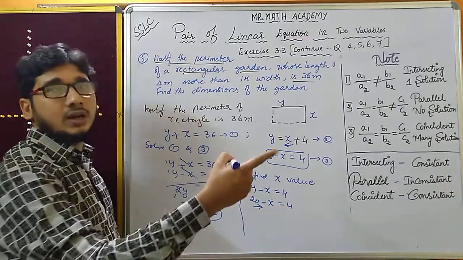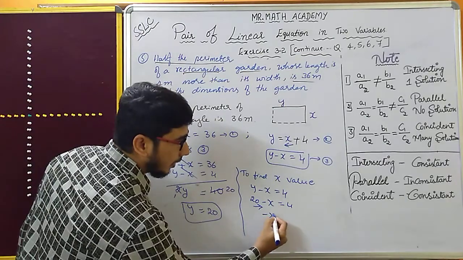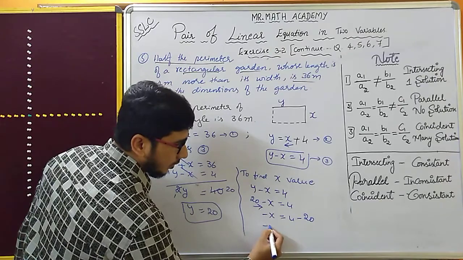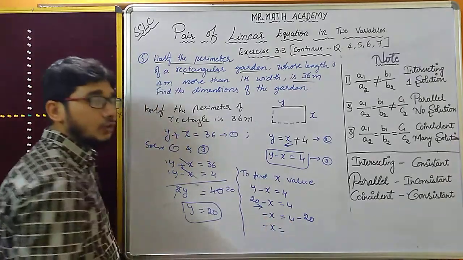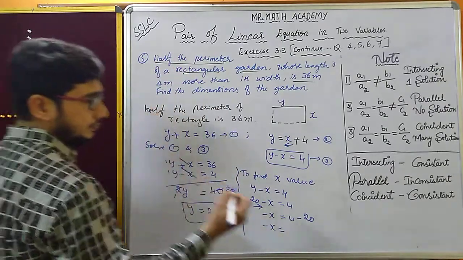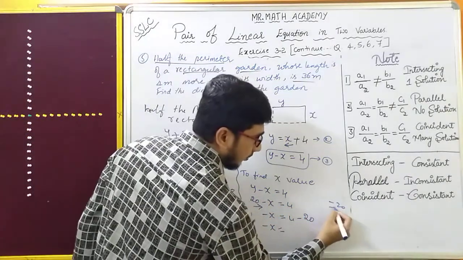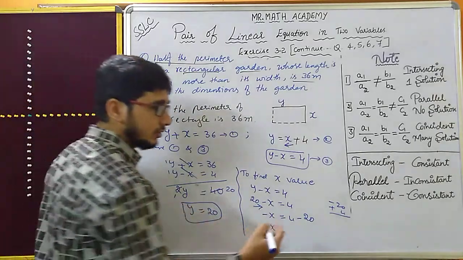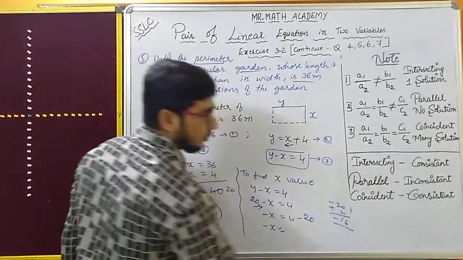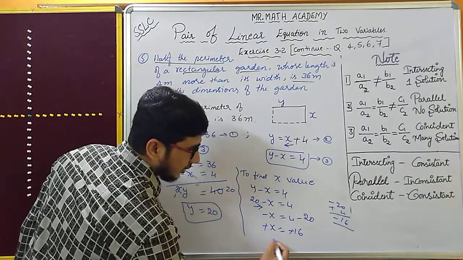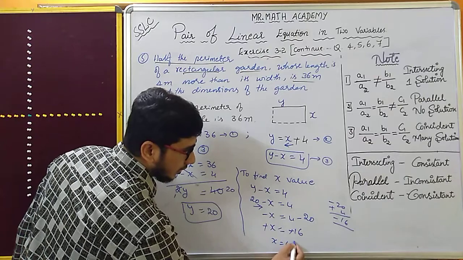Send 20 to the RHS: minus x is equal to 4 minus 20, which is minus 16. Bigger number is 20 with the negative sign, so minus 16. Minus gets cancelled, so x is equal to 16.